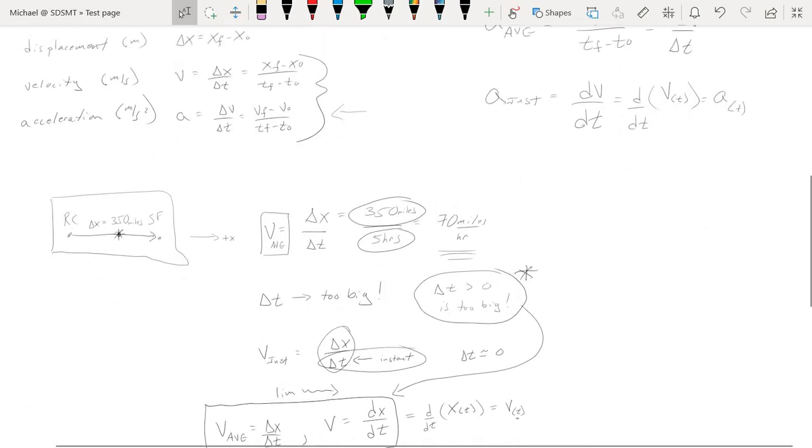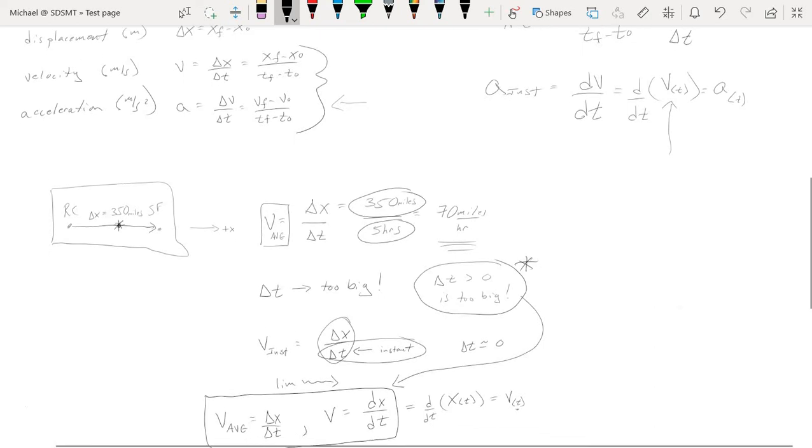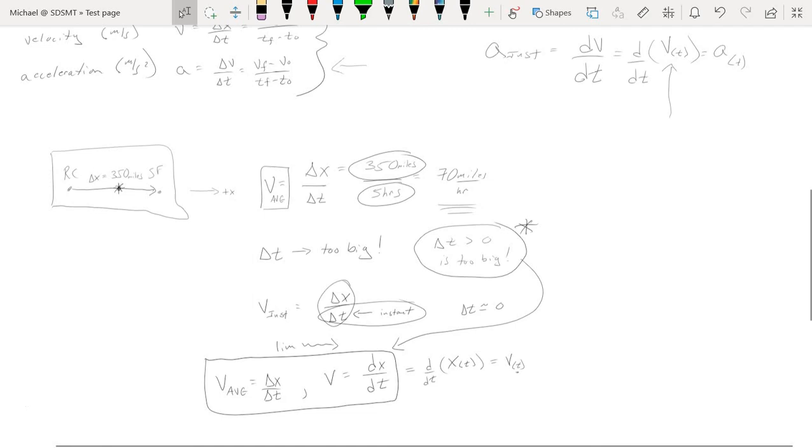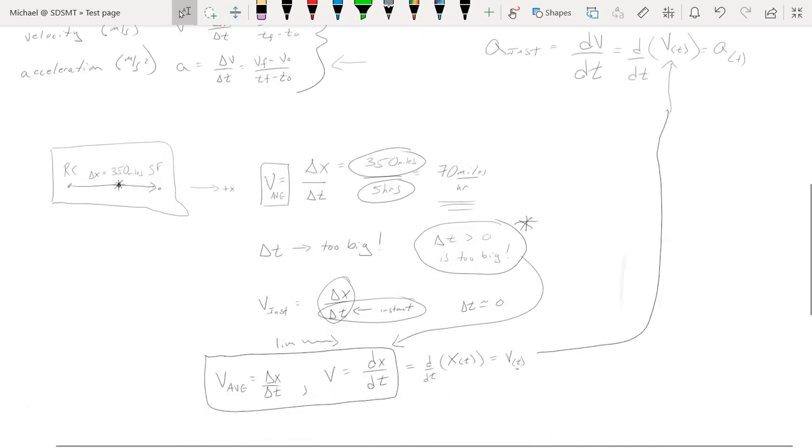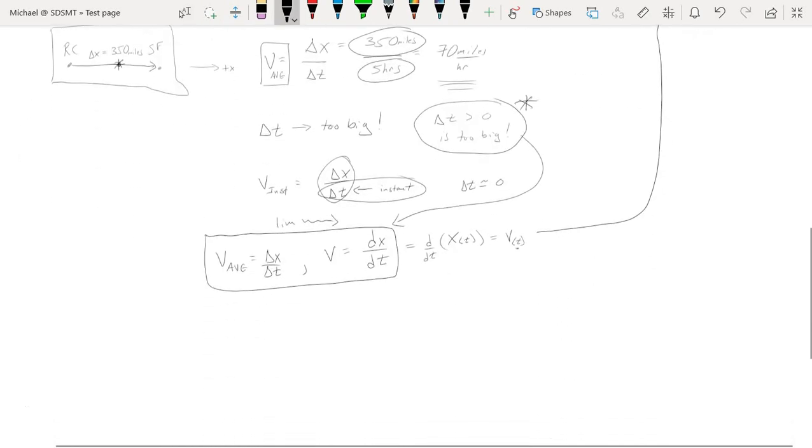But, well, we've already seen this before. We've already seen where velocity functions with respect to time come from. They come from the instantaneous velocity expression down below. So we actually have two ways that we can describe the instantaneous acceleration. We have our average acceleration, which is change in velocity over time.